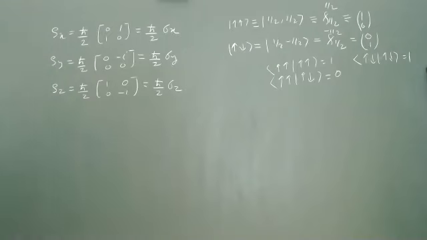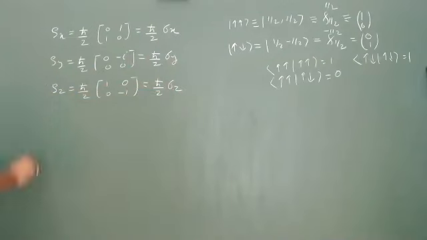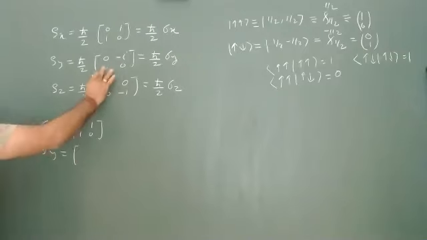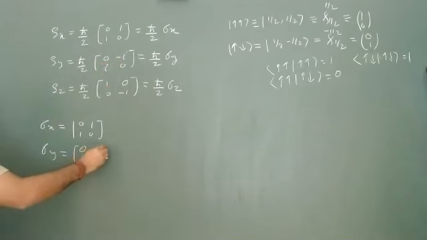Now, what are these sigma x, sigma y, sigma z? We have a new notation. Sigma x is equal to (0 1; 1 0). Sigma y is equal to (0 -i; i 0).